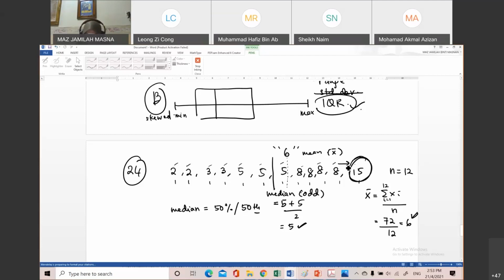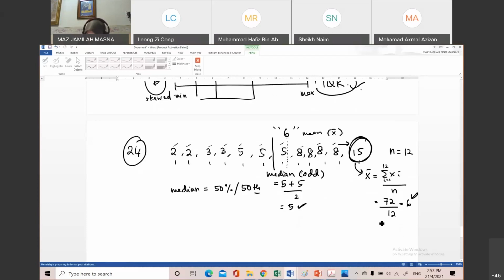So instead of having 2 until 8, there is suddenly one value of 15. Because of this 15, the maximum value is very high, so it will affect your calculation of the mean. Because the mean is calculated based on the data set that you have in hand. So in this case, the mean is affected by large value.